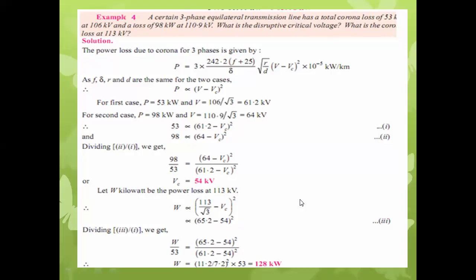So W is proportional to (65.2 minus 54) whole square. Let it be equation number 3. Take the quotient of equation number 3 and equation number 1, or equation 3 divided by equation number 1. You will directly get the value for W, which will be 128 kilowatt. This is the mathematical part. You should know how to calculate that.